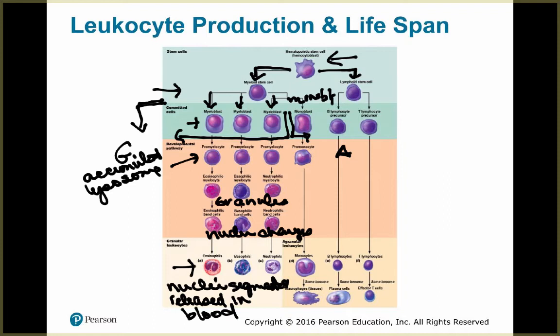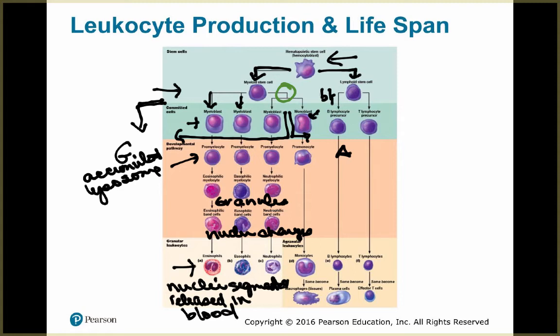Now, if we start looking at the other side, let's look at the monoblast, right, which is right here. The monoblast is going to change into the promonocyte and then the monocytes. And so they share a common precursor up here. They share a precursor cell up here with the neutrophils, right?